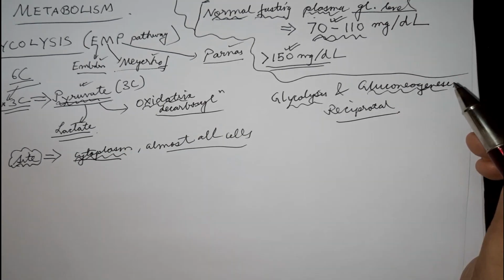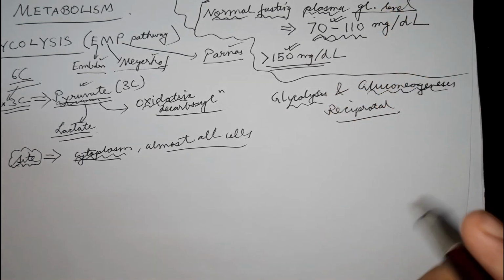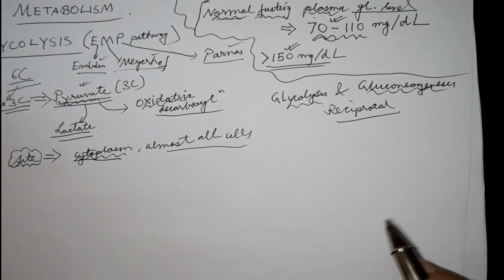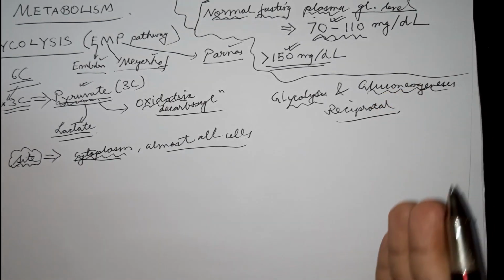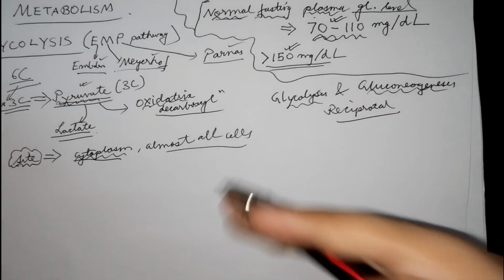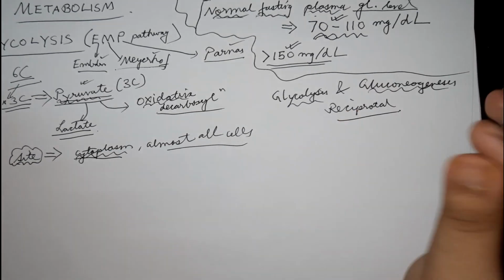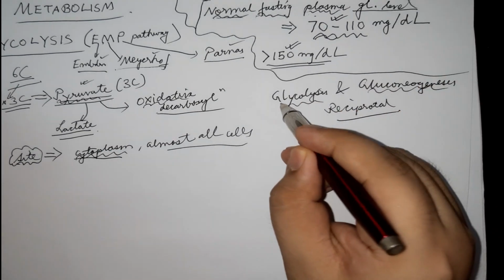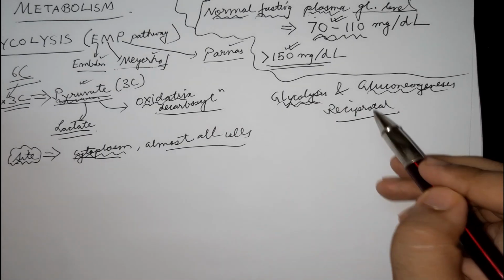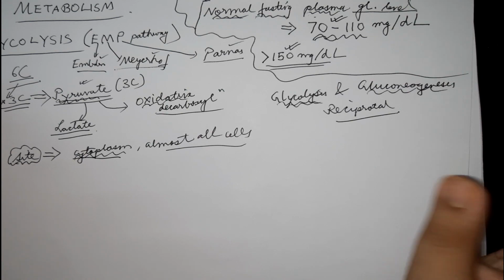So gluconeogenesis will follow the reversible steps, and it will circumvent the irreversible steps somehow. We'll talk about that later, and it will form glucose at the end. So the framework of glycolysis is important and significant for gluconeogenesis also. Okay, done.